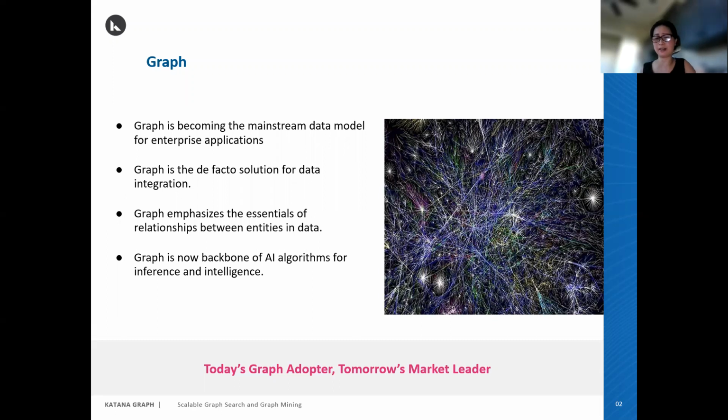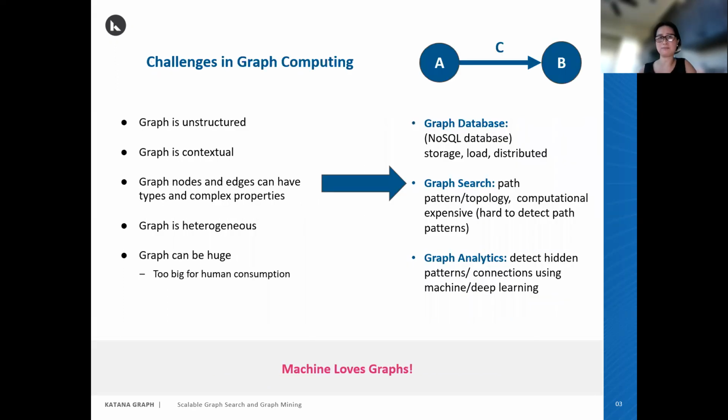For instance, A is connected to B, B is connected to C, so A and C can potentially be connected in the future. Also, if A and B have common neighbors, A and B might potentially have an edge between them in turn. So today's graph adopter is tomorrow's market leader.